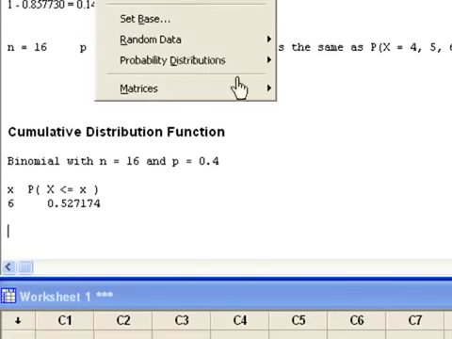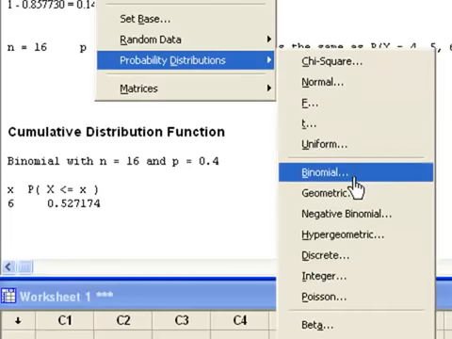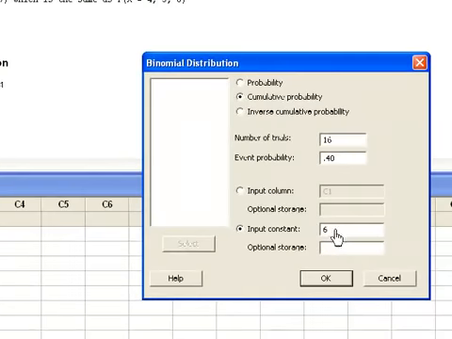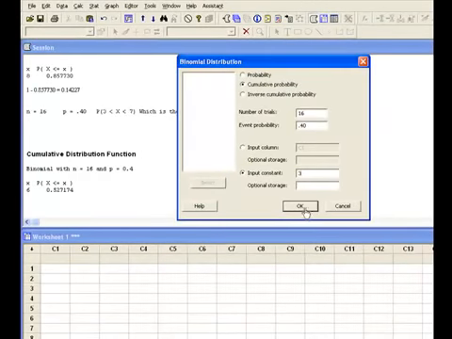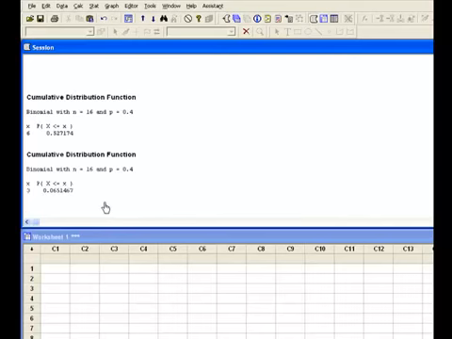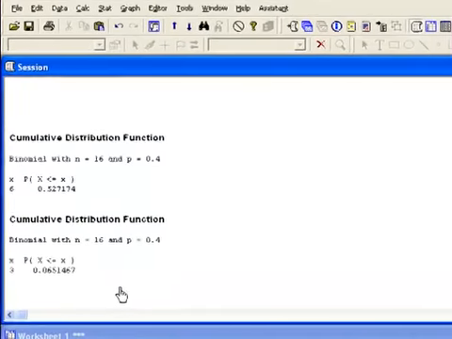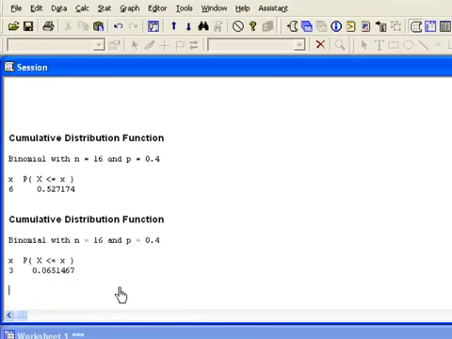I come back up to Calc, back to Binomial Distributions, and now I say, give me the probability then that x is less than or equal to 3. Now what I know is that from 3 down is 0.0651. From 6 down is 0.0527.